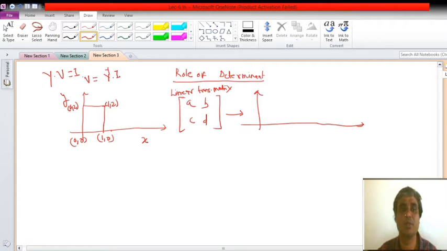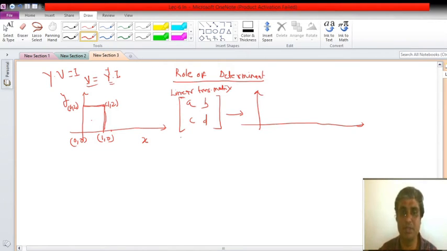So I apply some transformation matrix onto the input signal and see its mapping. With this we will try to understand what the determinant means.